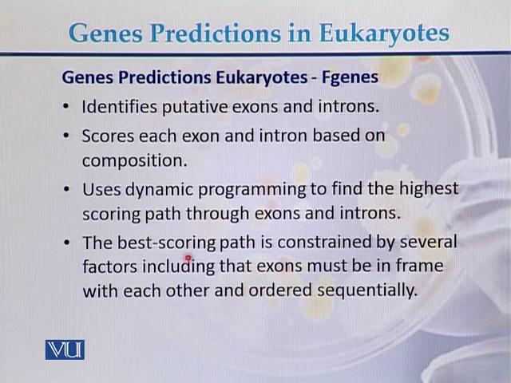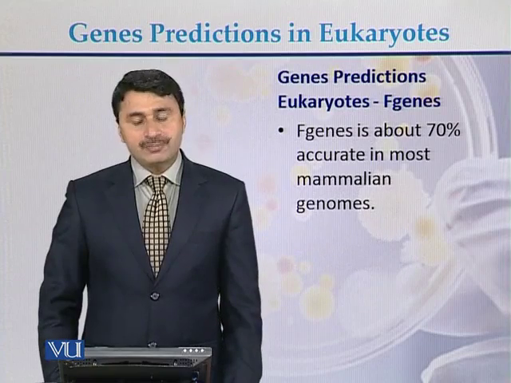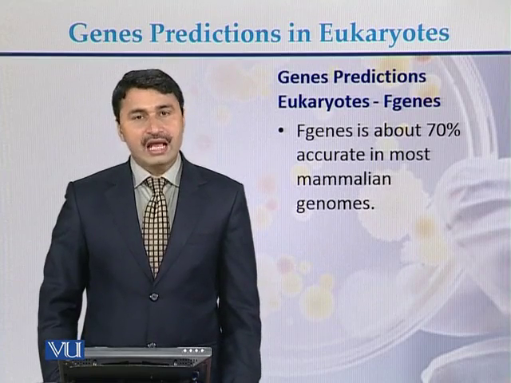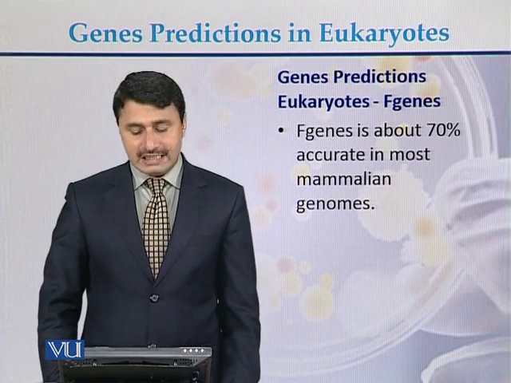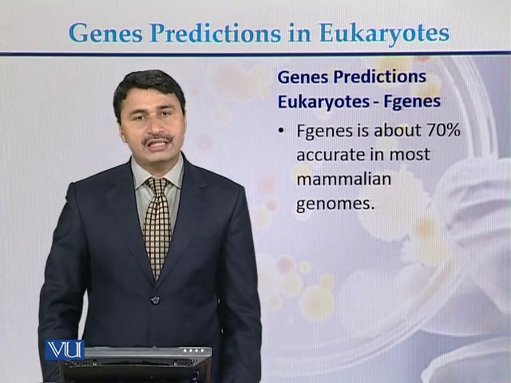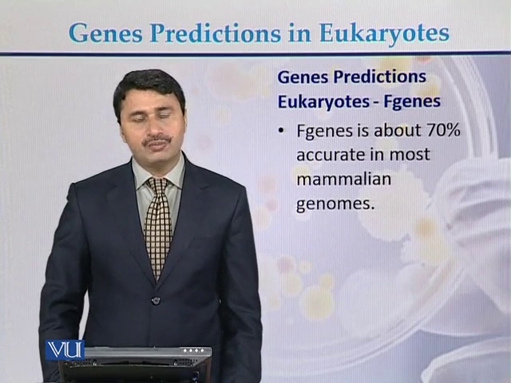Ultimately the best scoring path is constrained by several factors, including that exons must be in frame with each other and ordered sequentially. So this is the methodology of how FGENES works for gene prediction in eukaryotes. FGENES is approximately 70% accurate in the case of mammalian genomes.